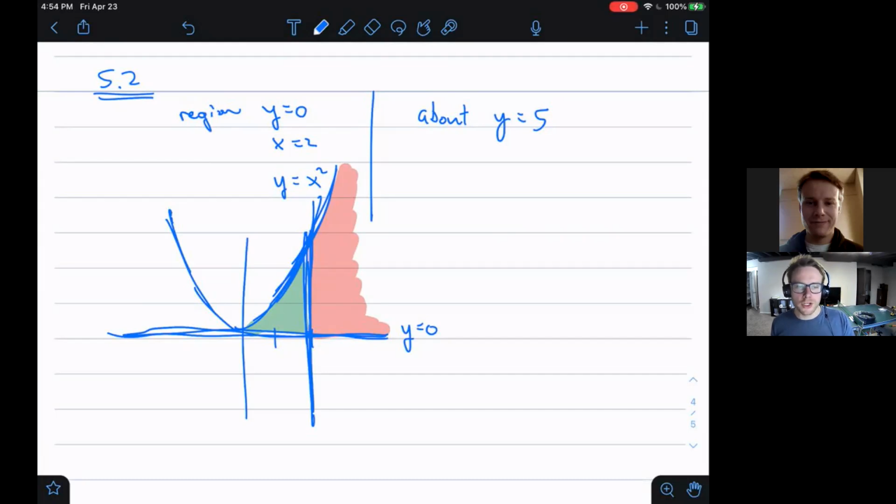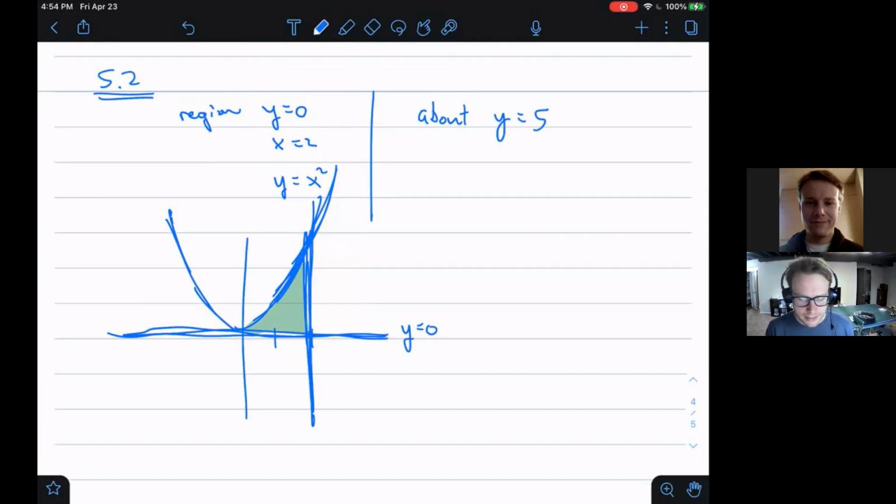This is the only region that is trapped by those three curves. All of the other regions are not trapped. This one would go off to infinity, for instance, and so if you were to integrate this red area here, your volume would be infinite. So again, the only area enclosed or bounded by the three curves is this one in the green.